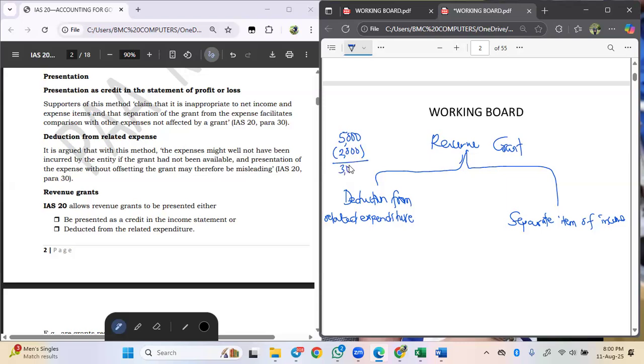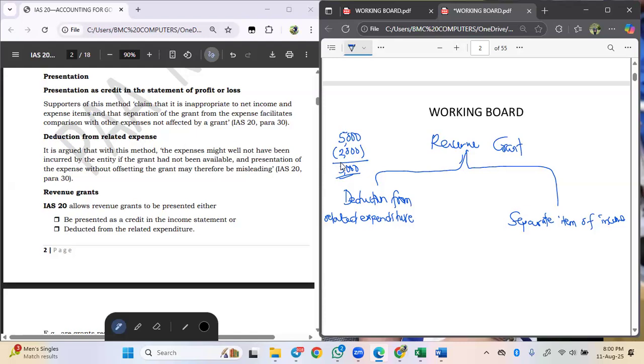So the cost will now become 3,000. So in simple terms, this is the deduction approach. Deduction is the simplest one, and at corporate reporting level, you do not get that type of question.